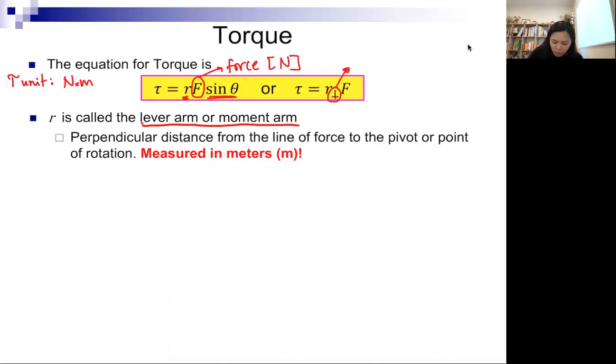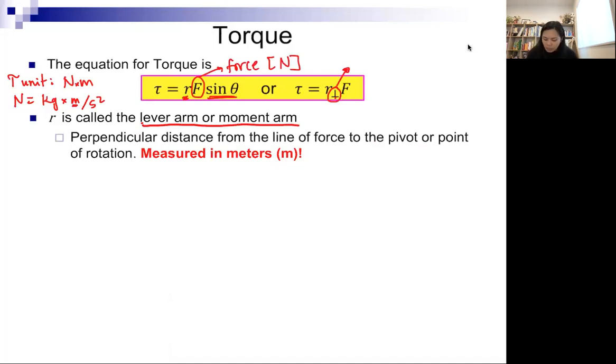But remember that newton is a derived unit. It's kilograms times meters divided by seconds squared. So inside the unit newton is this meter, and that's why your lever arm has to be measured in meters. So if you're given a lever arm in centimeters, for example, in a test question or a worded problem, then you must convert your lever arm from centimeters to meters.